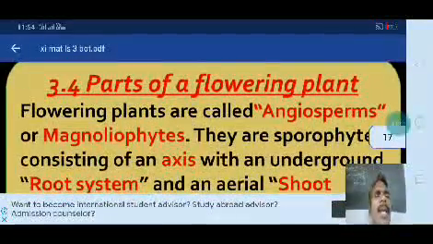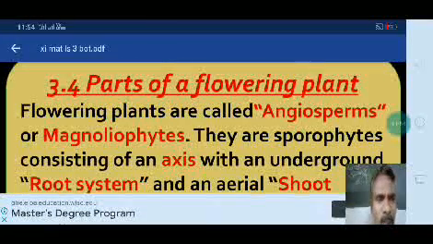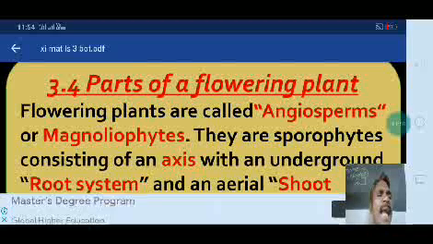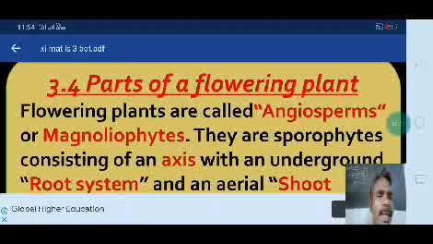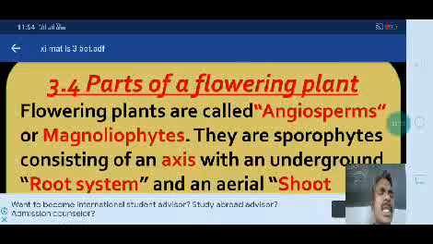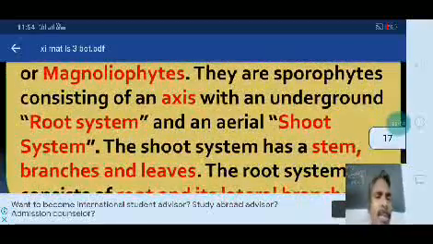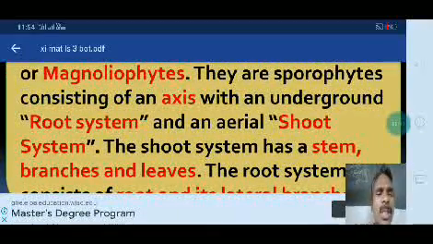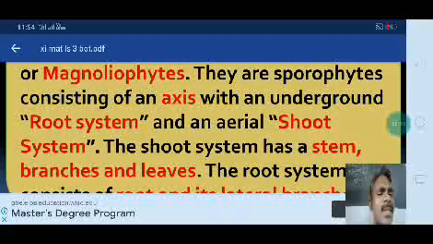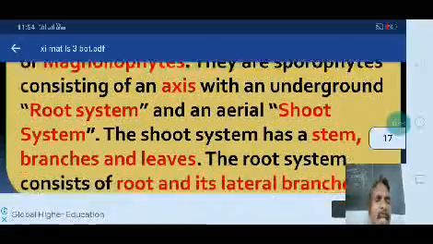The next one, parts of a flowering plant. What are the parts mostly present in a flowering plant? Flowering plants are called angiosperms, seeded plants, or magnoliophytes. These consist of an axis with an underground root system and an aerial shoot system. The shoot system has a stem, branches and leaves.